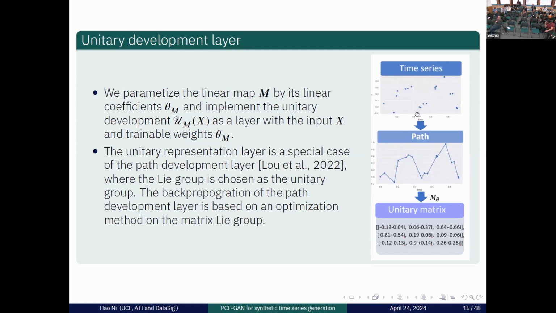And then how do I use the back propagation to solve the optimization problem there? So in this illustration, I didn't include the loss function. We should have the loss function, which takes this unitary feature as an input. And then the optimal linear coefficient theta is obtained by minimizing this loss function. So here I illustrate how we evaluate the unitary feature. So this is a forward evaluation of this unitary development layer.